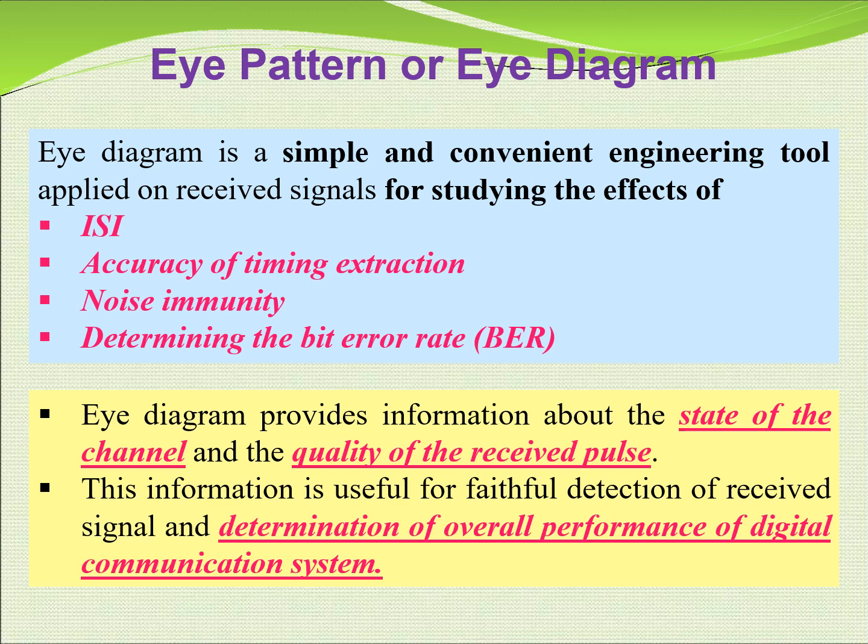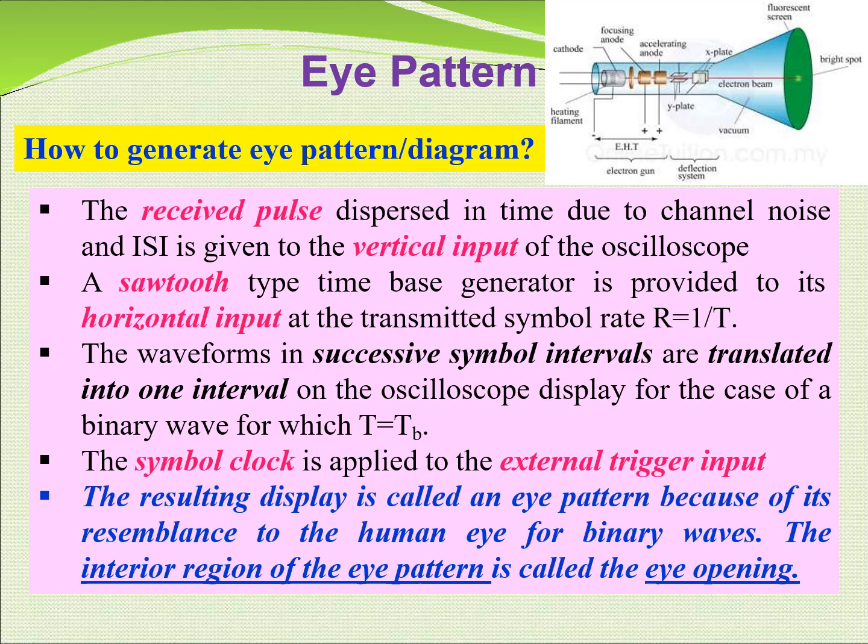The eye diagram also provides information about the state of the channel and the quality of the received pulse. This information is useful for faithful detection of a received signal and determination of the overall performance of the digital communication system.